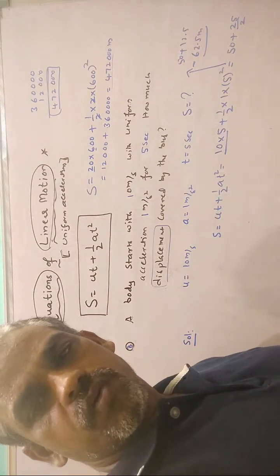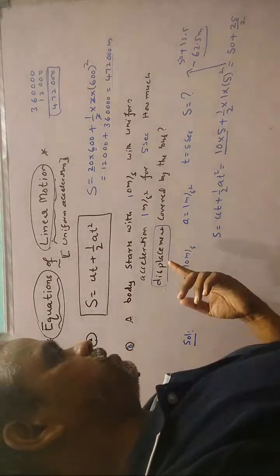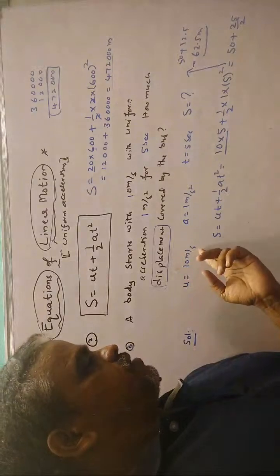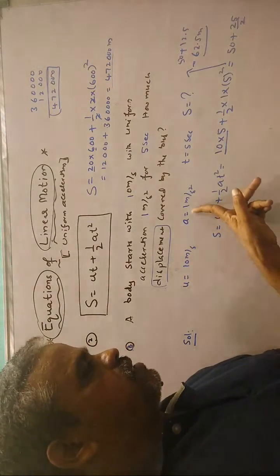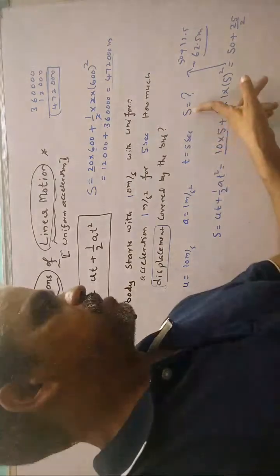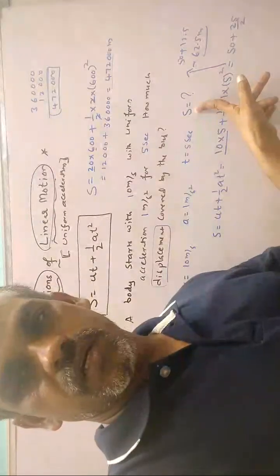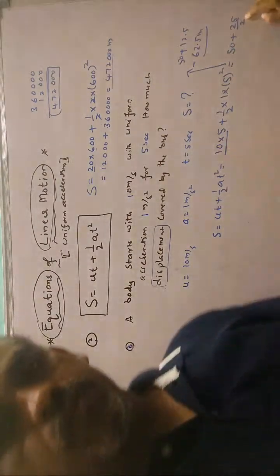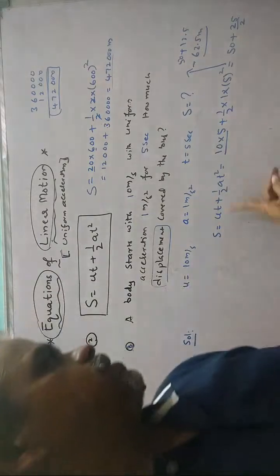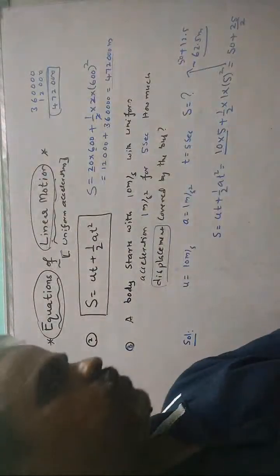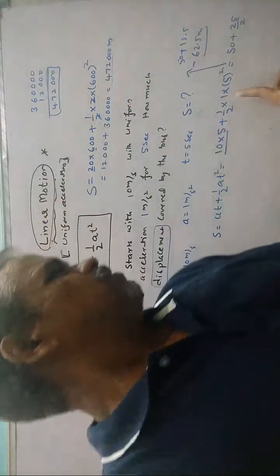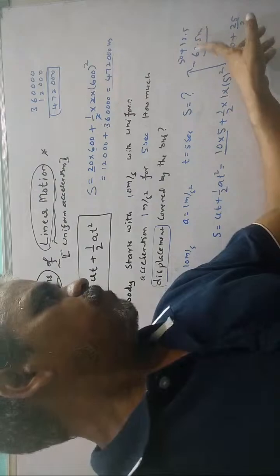But here, what do you get? See what I have asked you. What did I ask you? u equal to 10 meter per second, a equal to 1 meter per second square, t equal to 5 seconds. You have to find displacement here. s equal to ut plus half at square, u is 10, 10 into t equal to 5 plus half into a equal to 1, 5 square. 25 by 2, 12.5, 50, 62.5 meter.